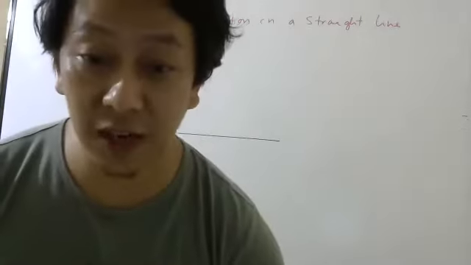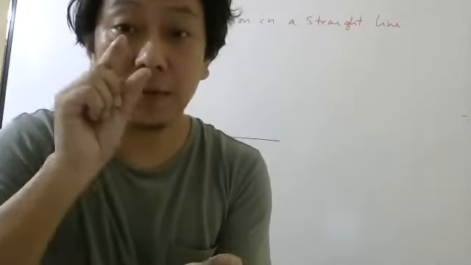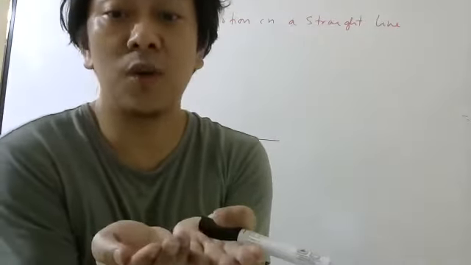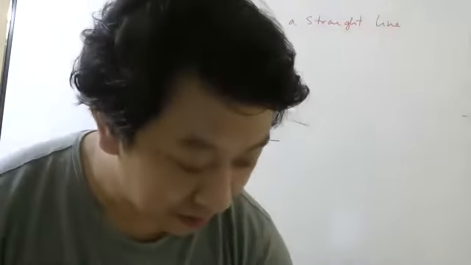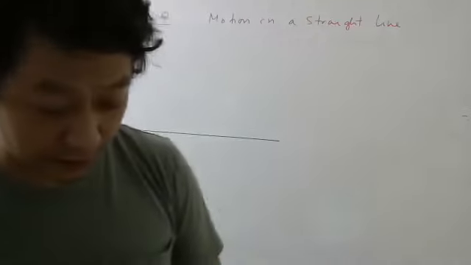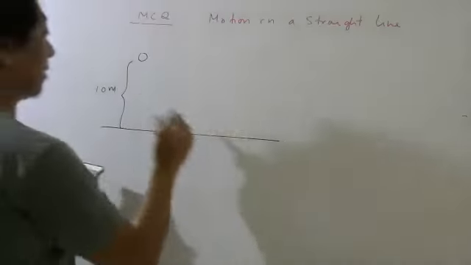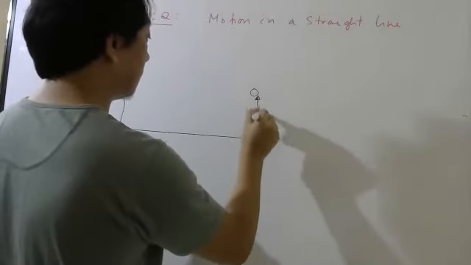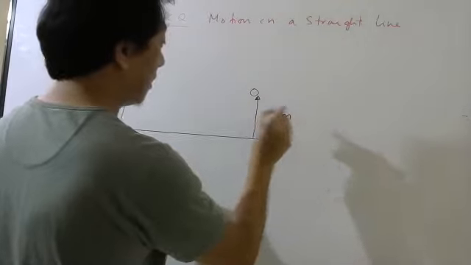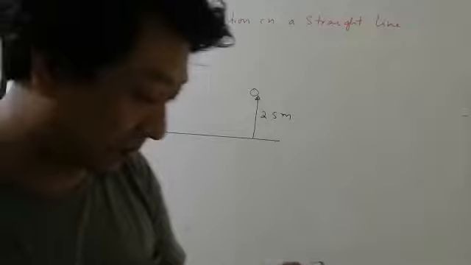So one thing is very clear. The speed with which it hits is more, and the speed with which it starts is a little less. Okay, that much we know. Now they said it goes up to what height? 2.5 meters.